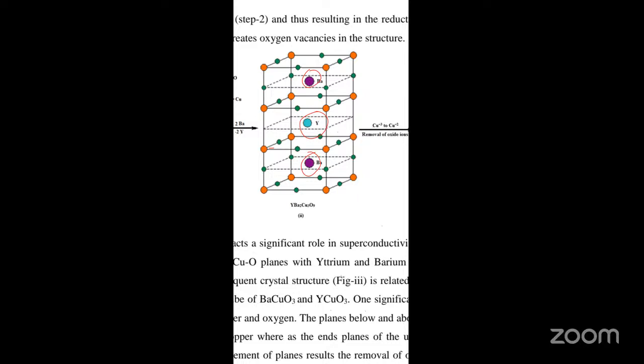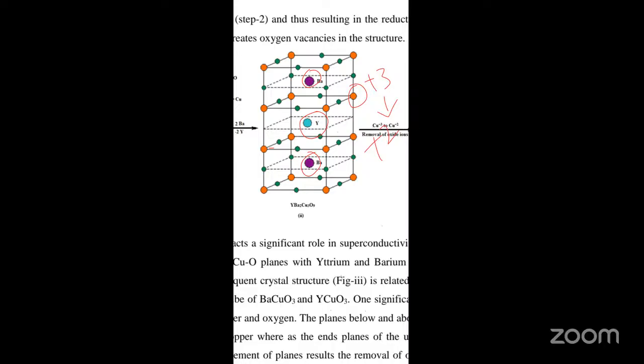Now, copper plus 3 is converted to copper plus 2 by removal of oxide ions. Some of the oxide ions we have to remove. The copper present at the corner will be converted from plus 3 to plus 2.